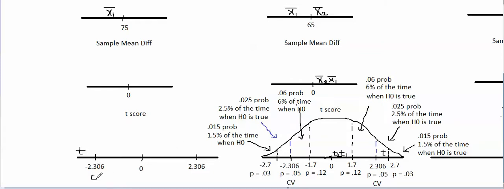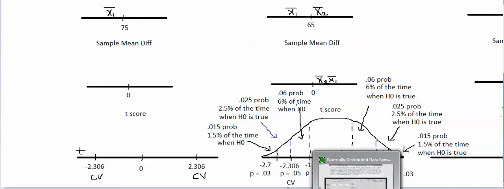Because this is critical, that's critical. So if it's in this area out here, it's reject H0.